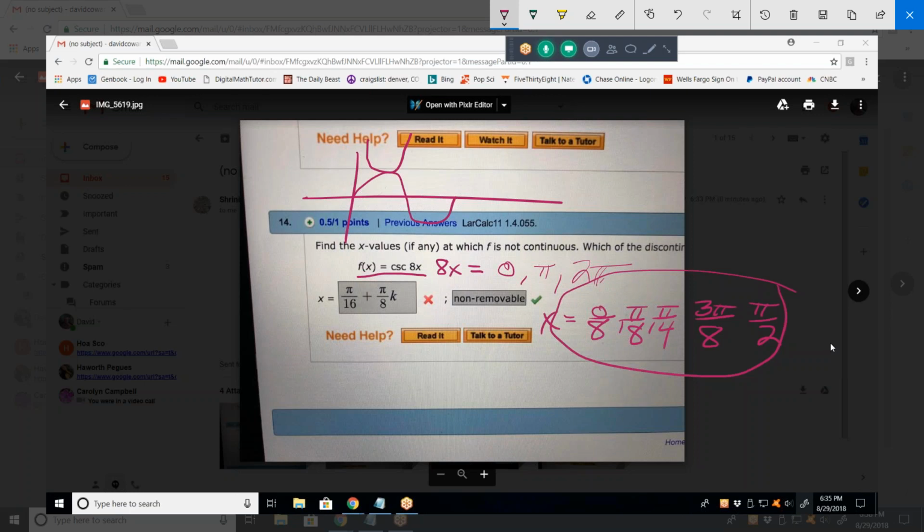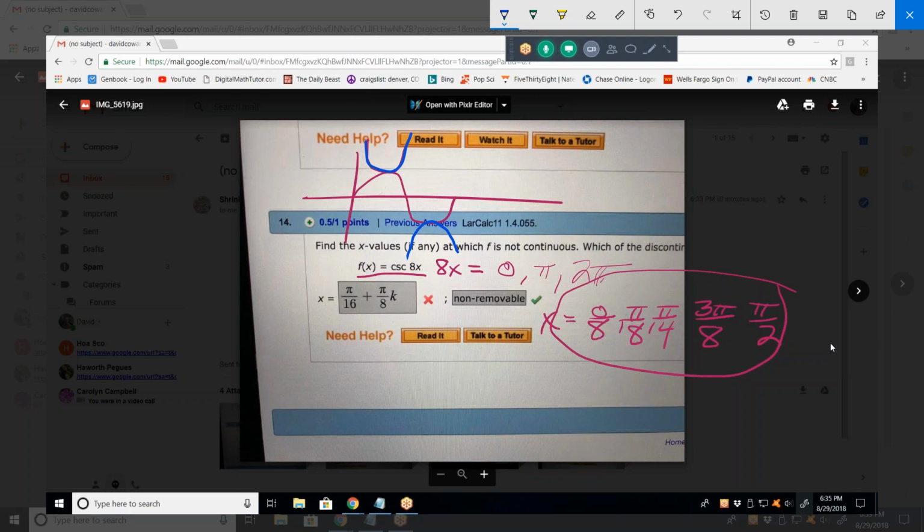Let me use a different color. This is the cosecant curve on top. Is my answer incorrect? I don't know what your answer is. Oh, I put it in there: x equals pi over 16 plus pi over 8. Okay.